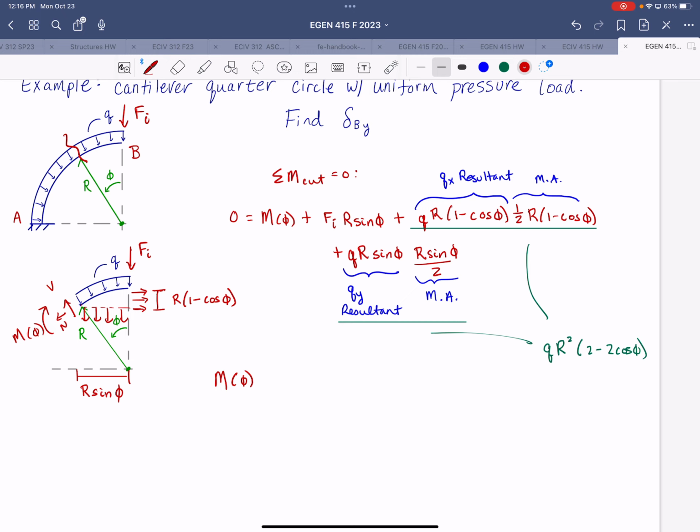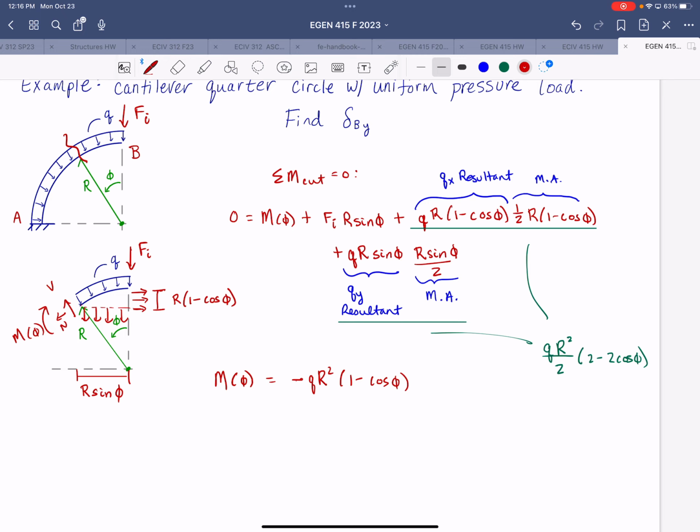M, as it varies with phi, is equal to negative QR squared times 1 minus cosine phi. Let's see, and I missed something over here. So it's QR squared over 2 on that green line is what this simplifies to.